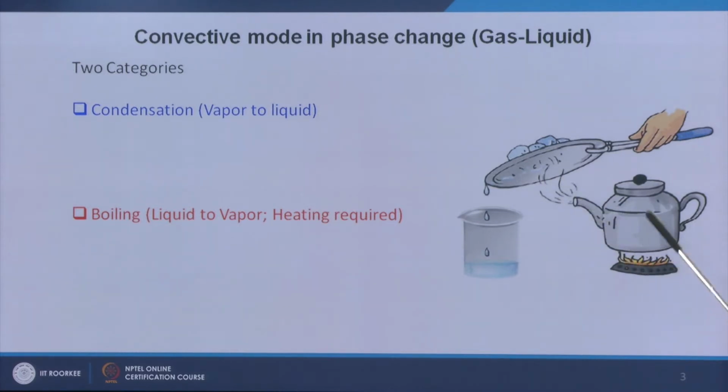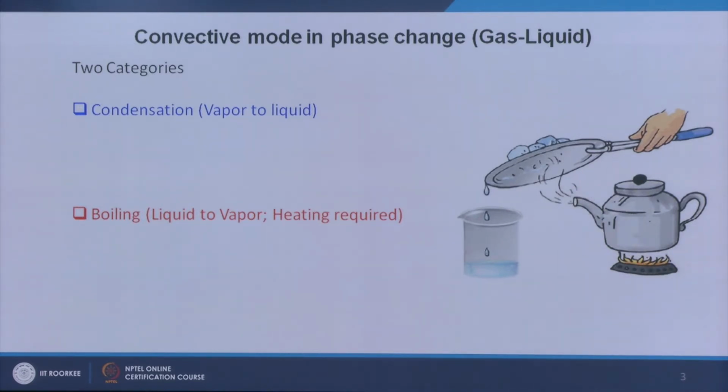So, liquid is forming vapor, and on the other hand you have the ice, so the plate is at a very low temperature. The vapor immediately condenses, and here you can see the drop of liquid. In this plate the vapor is being converted to liquid, which is nothing but condensation, and in the kettle the liquid is being converted to vapor, which is coming out from the kettle mouth. This is boiling.